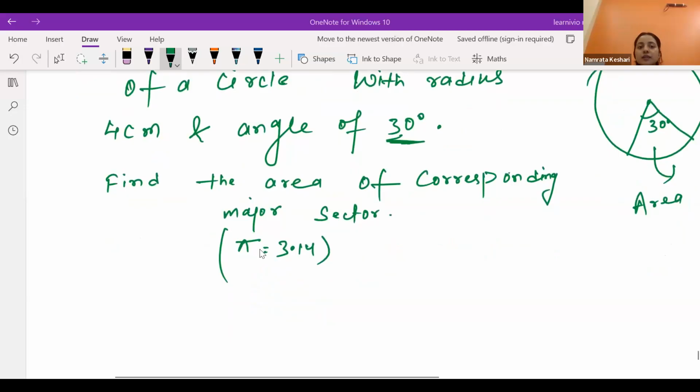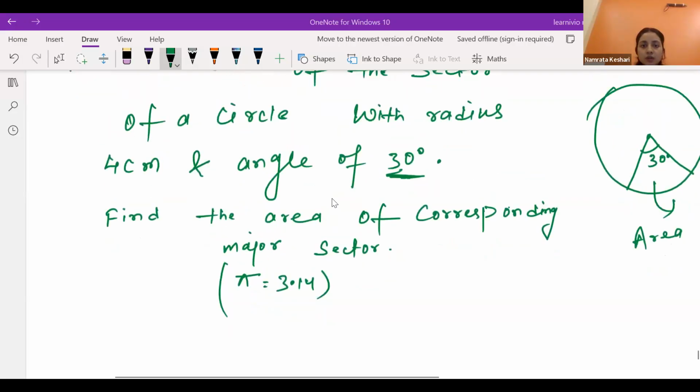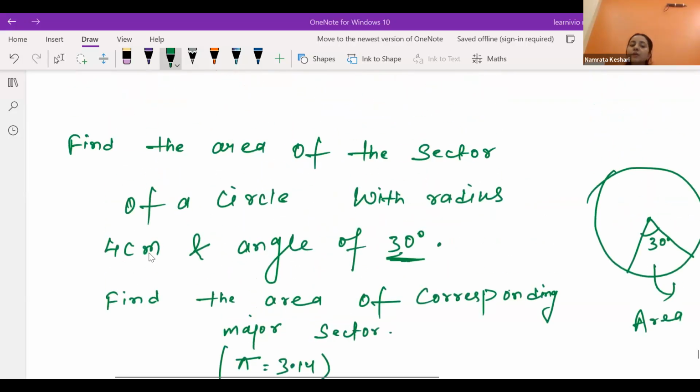Ma'am, what will be the unit? The unit is centimeter square. Okay, I have not written the unit. The unit of area is centimeter square. For any shape's area, be it circle or square, if meter is given, it is meter square.